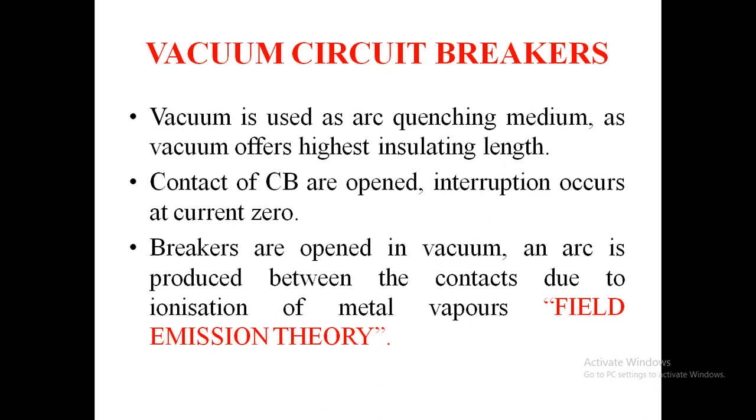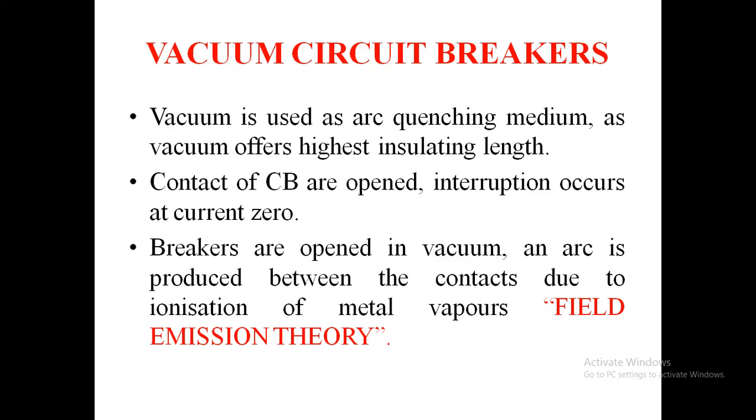This vacuum circuit breaker uses vacuum as the arc quenching medium, and it also has the highest insulating strength. If we consider the contacts of the circuit breaker, when they open in vacuum, the interruption may occur at the first current zero.